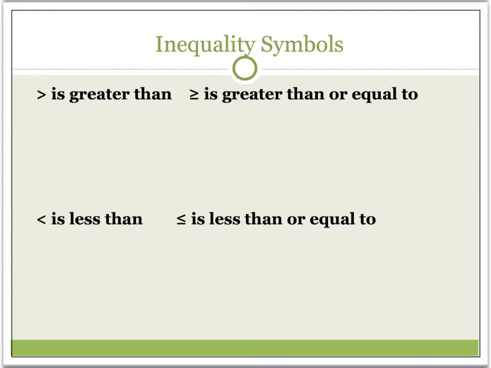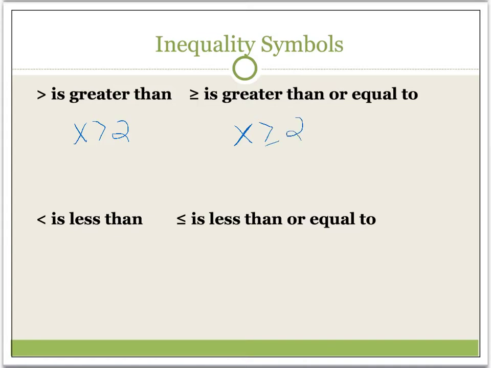If I use the example here, x is greater than 2, then I have read it exactly the right way. X is greater than 2, and that's how the symbol is read. We could come up with lots of examples that would satisfy that equation, and we'll talk more about that later on. We could also write it as x is greater than or equal to 2.